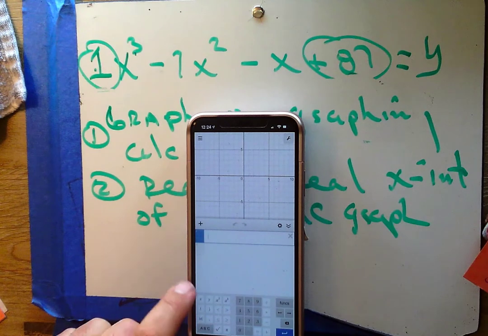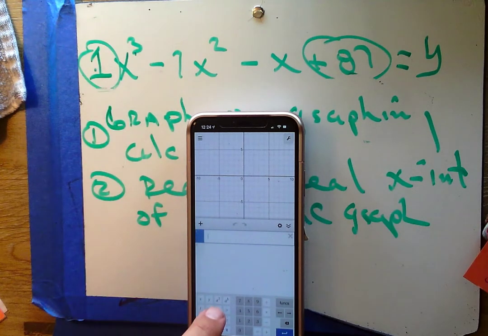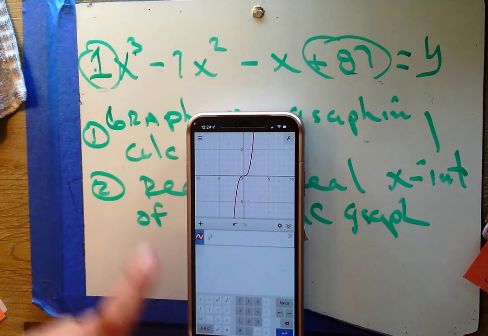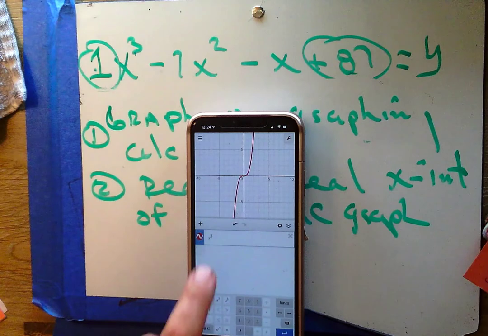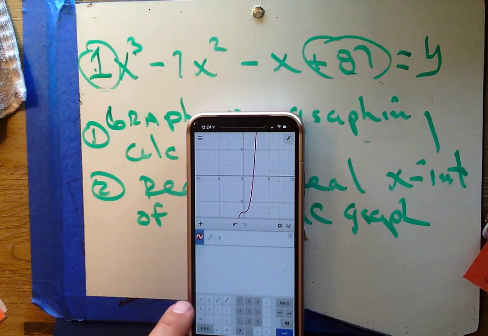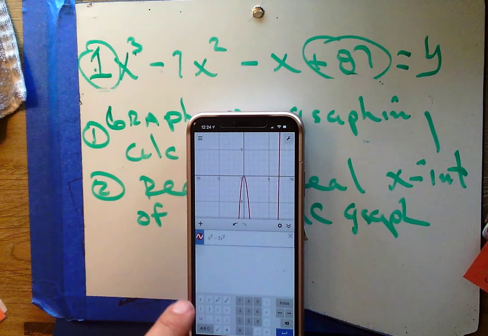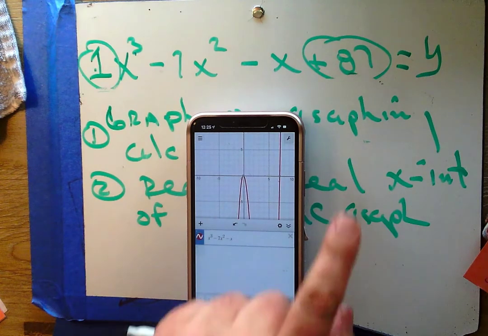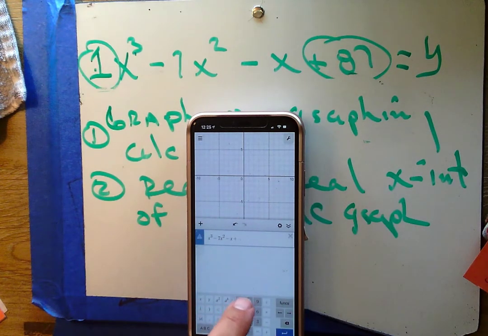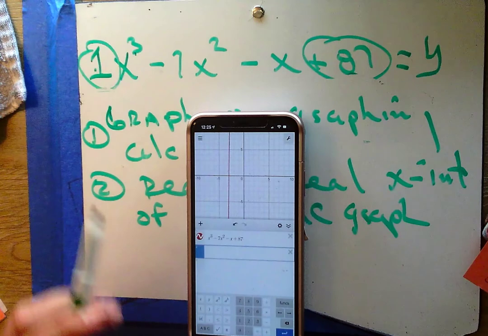But if we graph x to the third, and then minus 7x squared, minus x, and then plus 87. Okay.